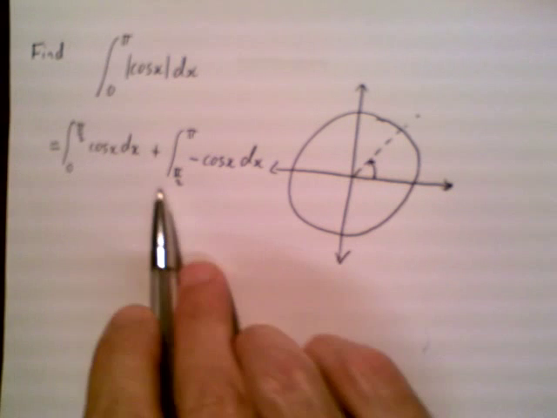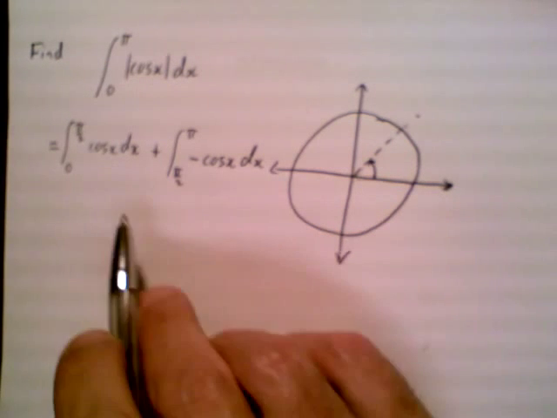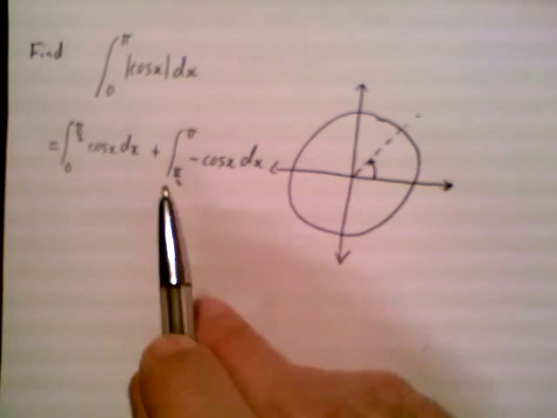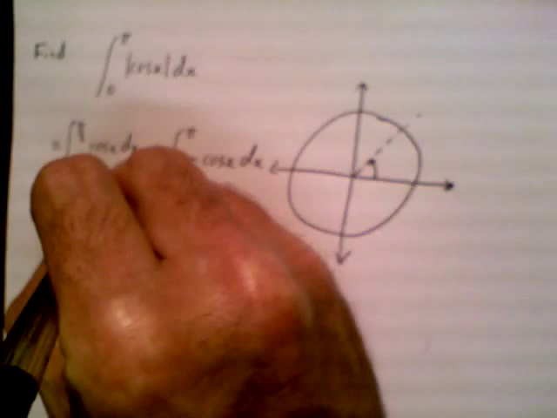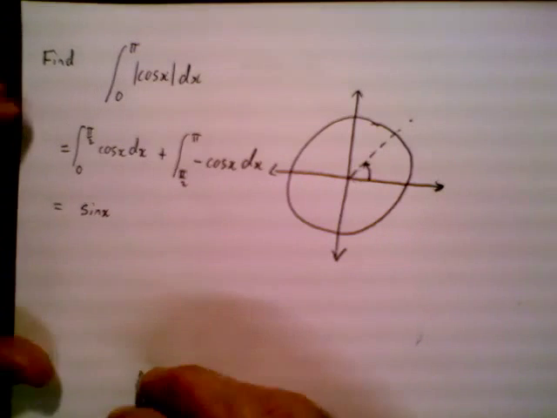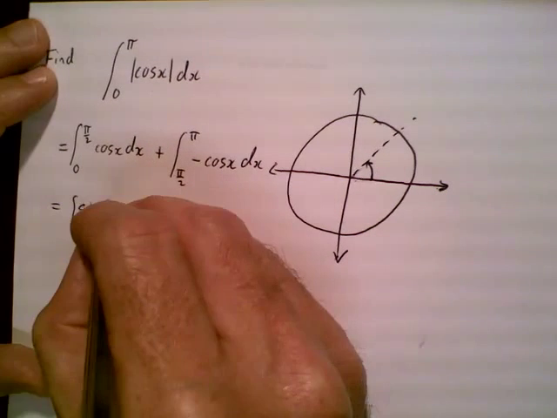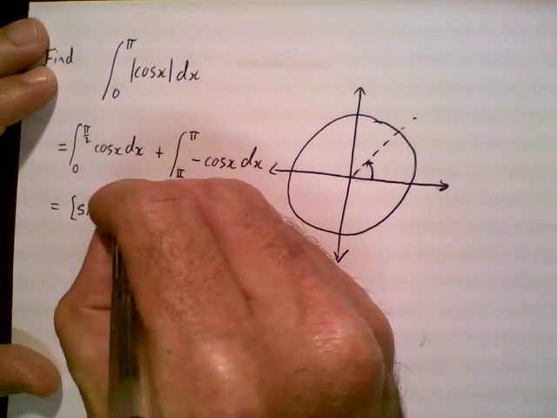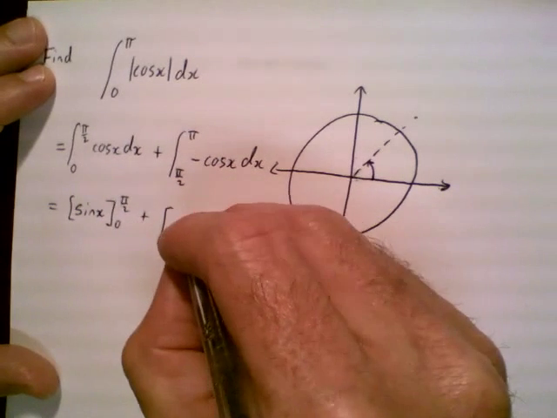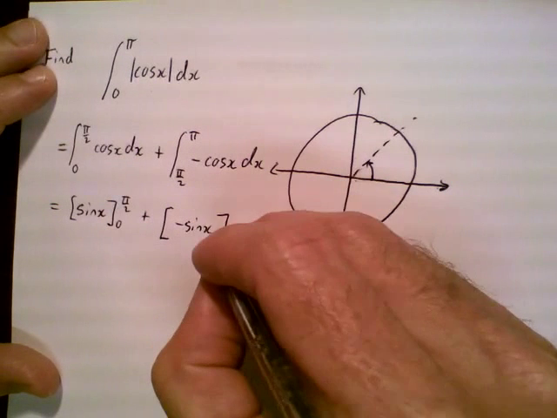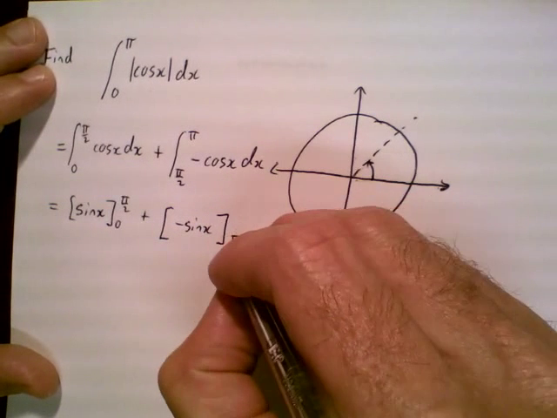We can then just evaluate these two integrals separately, which is pretty easy. So we'll get sine x between 0 and pi on 2, plus negative sine x between pi on 2 and pi.